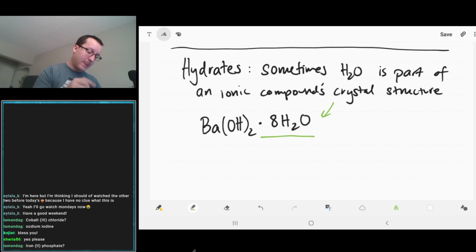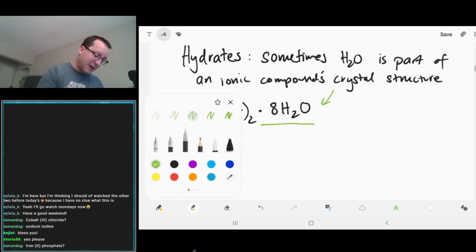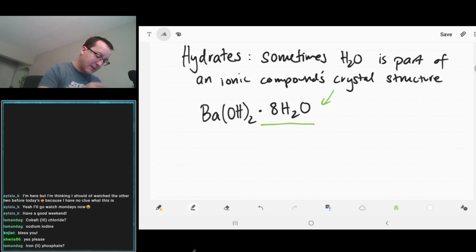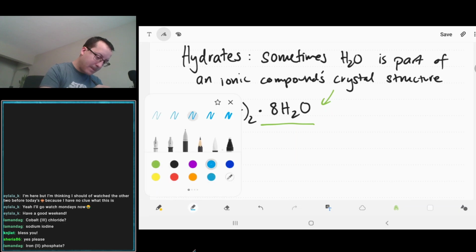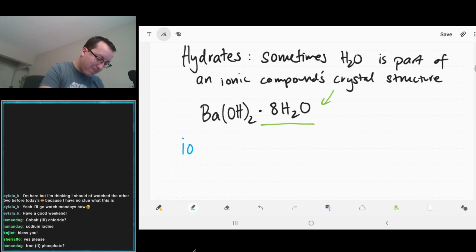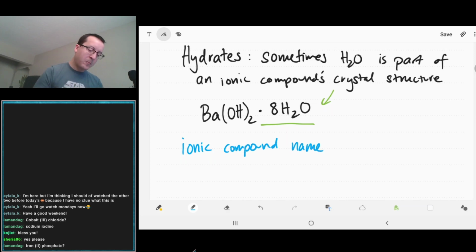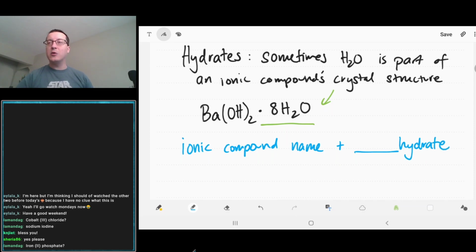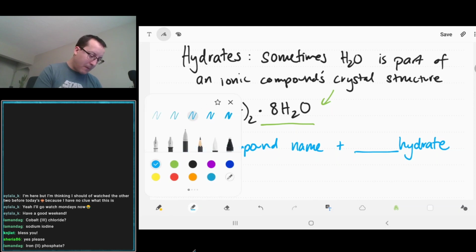And so, in order to name a hydrate, it's just the ionic compound name. And then you just stick on another word that's going to have hydrate at the end.